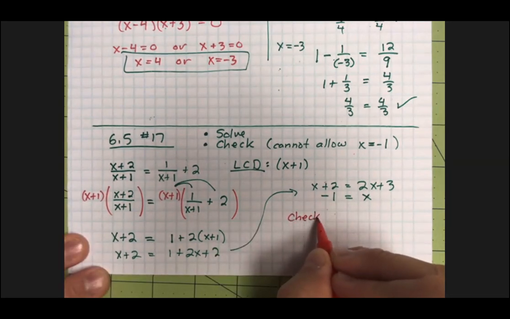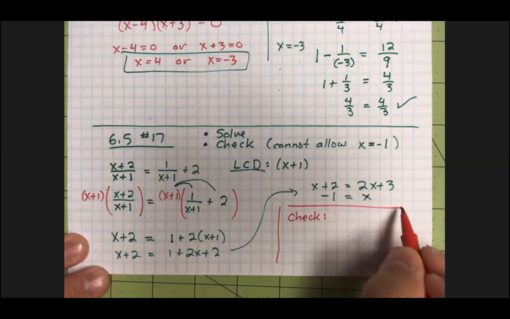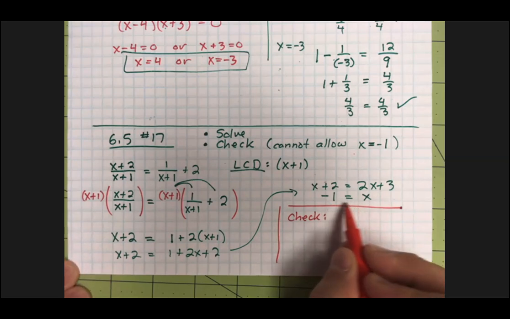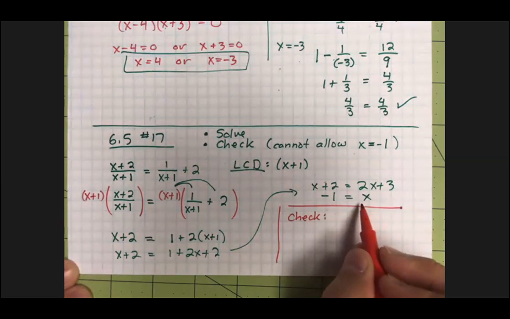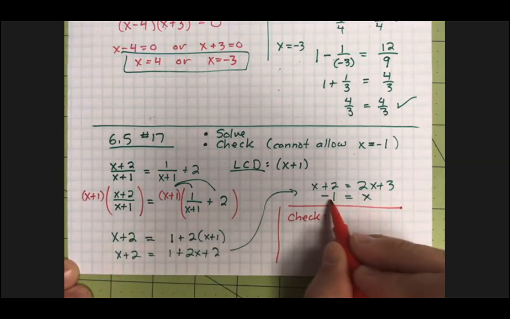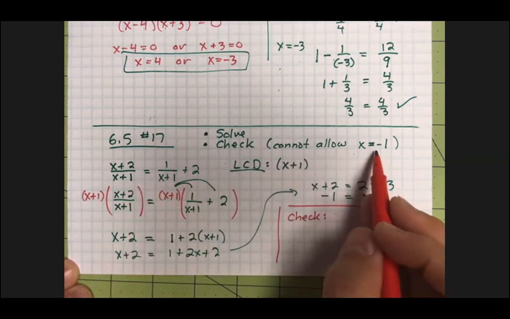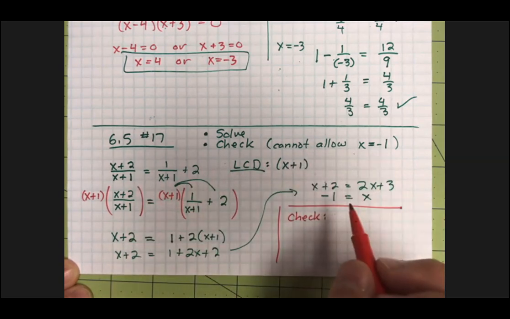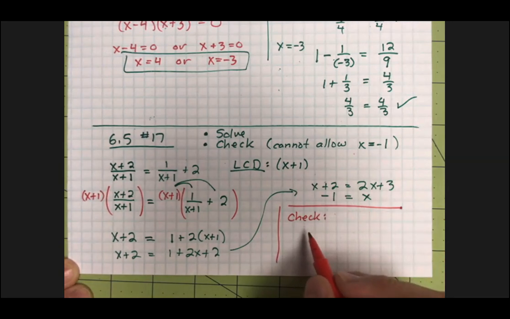But what about the check? Well, the moment I wrote down that answer, I got nervous, suspicious. In other words, I do this work and my answer says x equals minus 1. But from the very beginning, I knew that was the one thing I couldn't allow. So there's not even a reason to check this.